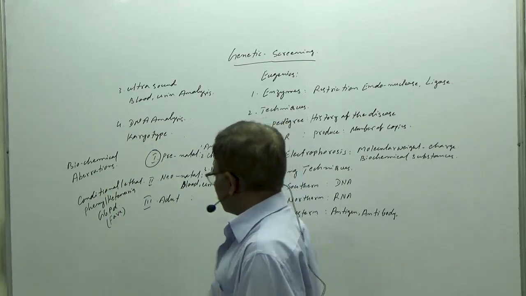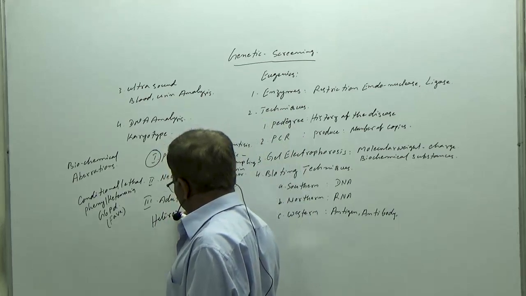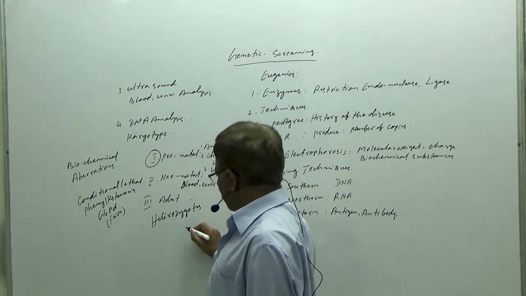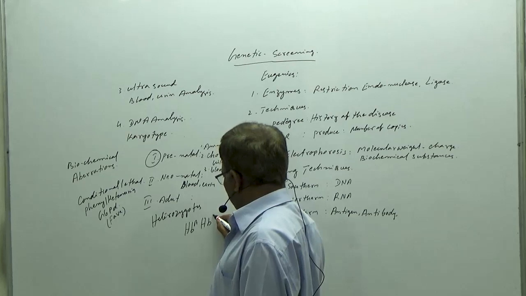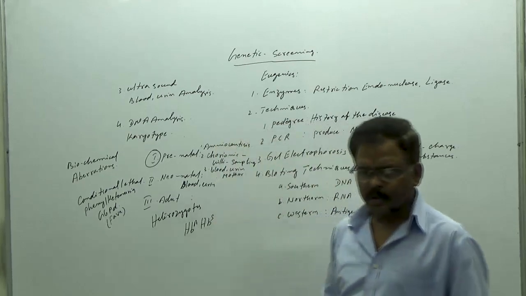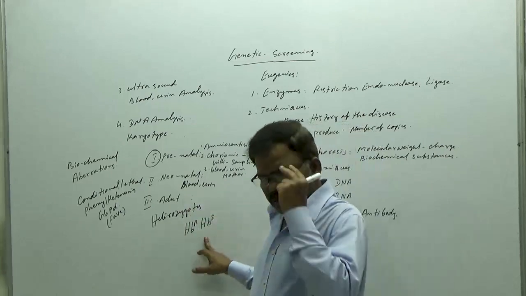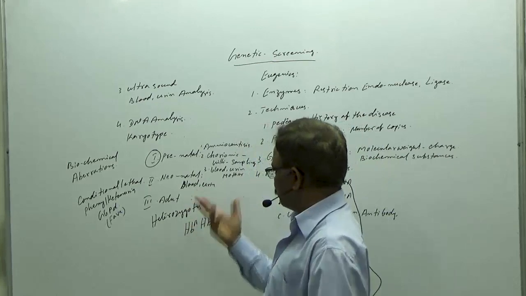In adult, they diagnose heterozygotes. For example, the person has normal hemoglobin A and another hemoglobin S, a heterozygote. If they understand the position of the genes, that means heterozygotes, then they advise whom to marry.